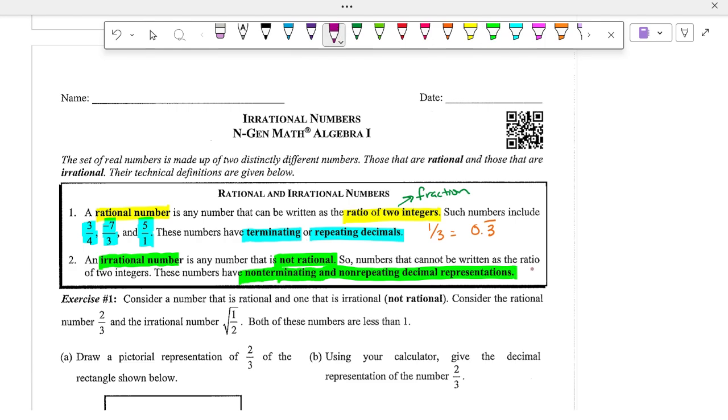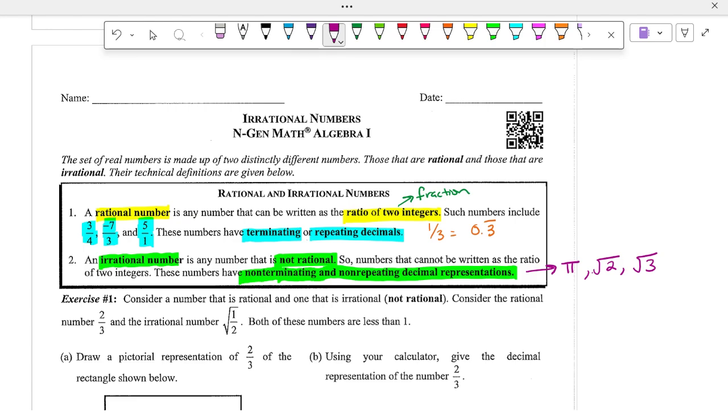Again, the most common irrational number you know is pi. Another irrational number could be the square root of 2, square root of 3, and so on. So any radical that is not a perfect square or a perfect cube or whatever is considered an irrational number.